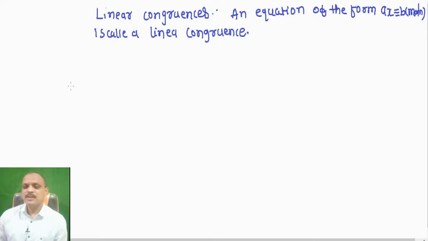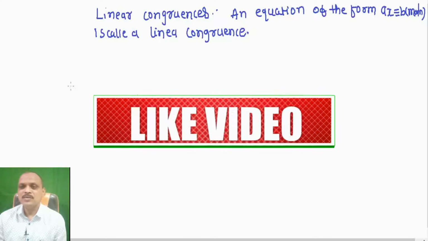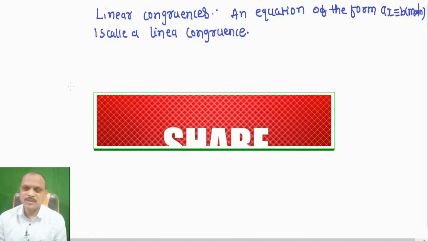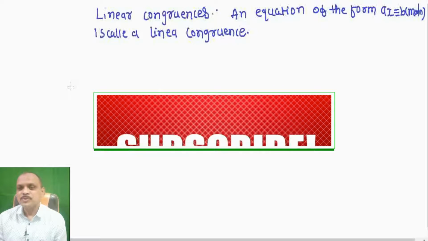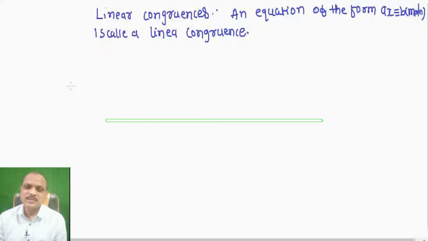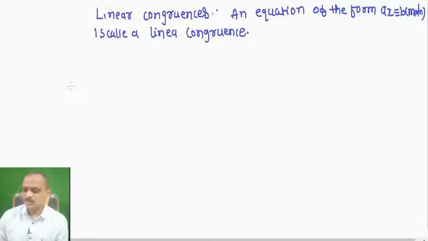Here we have an x in this equation, and on the screen you can see that an equation of the form ax congruent to b modulo n is called a linear congruence. If we put a specific value for x, and if this is satisfied by that specific value, we call that number a solution of that congruence.